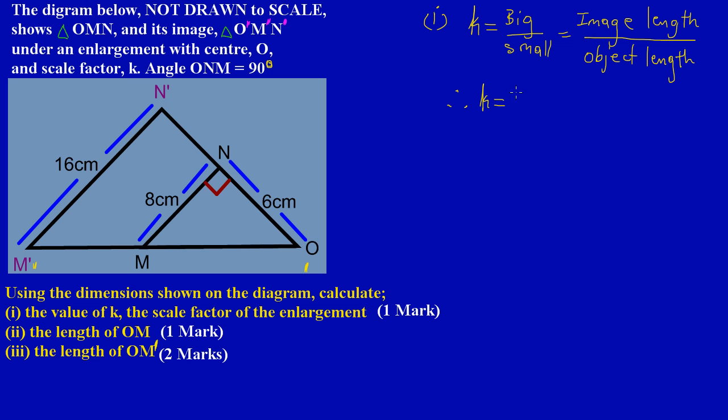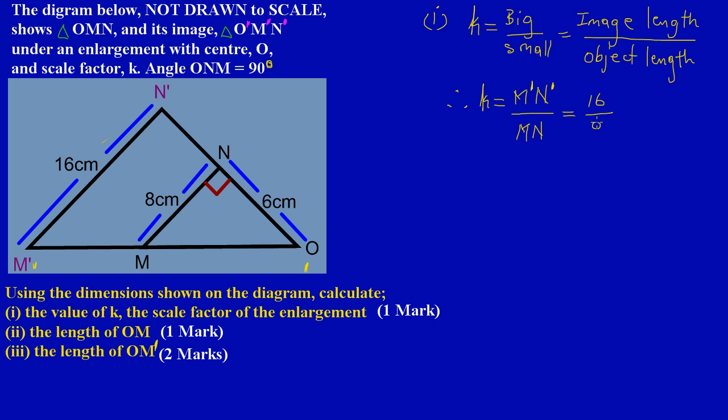So I can say the scale factor K is equal to M prime N prime, okay, which is this distance here, the 16 from M prime to N prime, and that is all over MN, which is the smaller side. Okay, MN. So the scale factor is really 16 over 8.